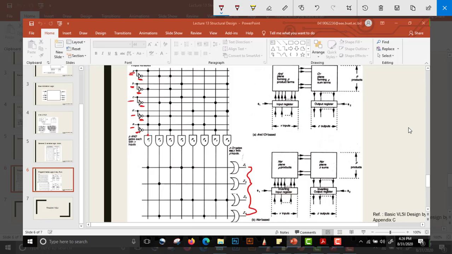Now what happens is, see, here we have connected the input of the AND gate here, here, here, and here.